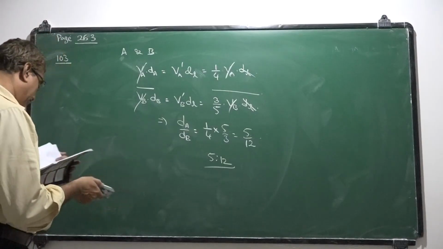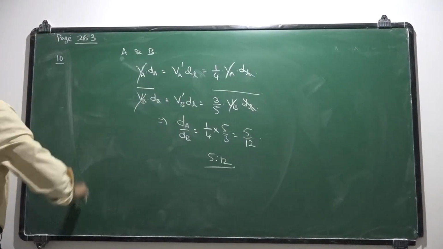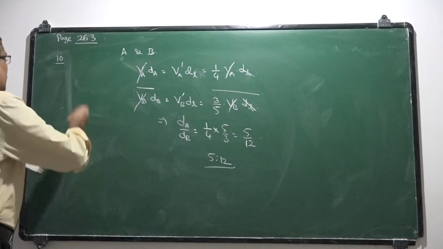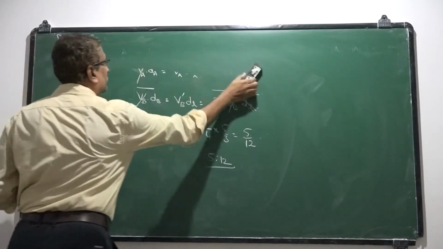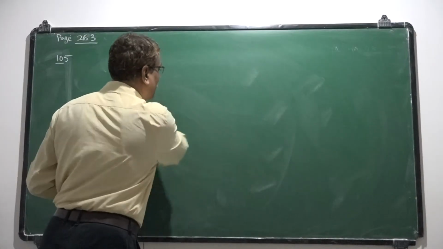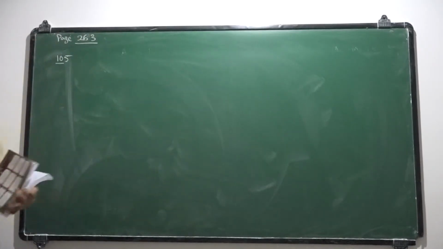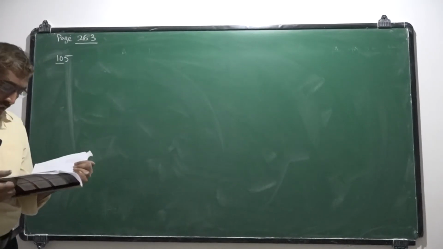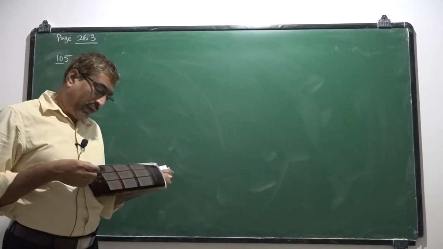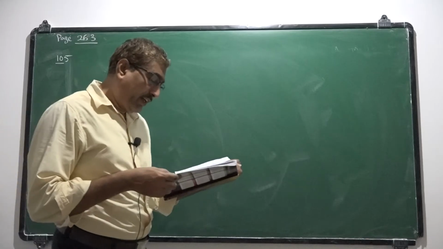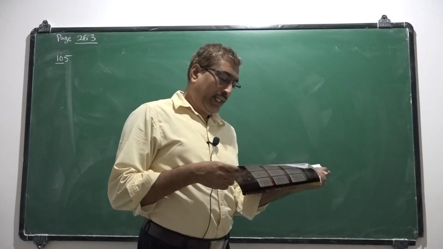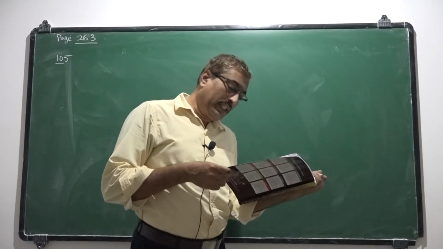Now the next one, 105. If S1 is the specific gravity of a solid with respect to a liquid and S2 is the specific gravity of the liquid with respect to water, then the specific gravity of the solid with respect to water is?